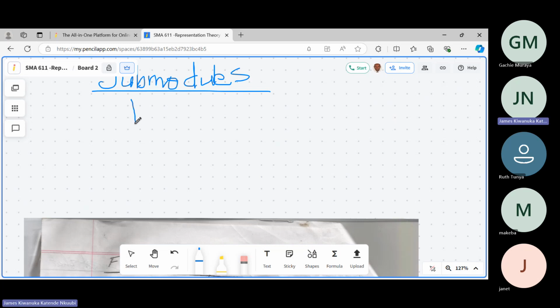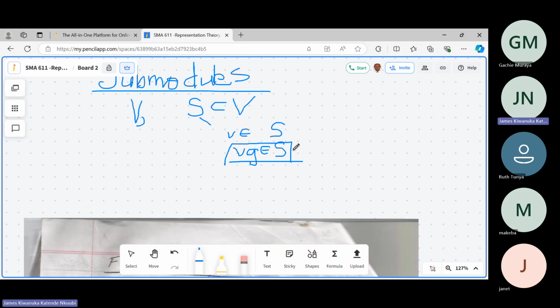If you have an FG module V, you can get a subspace, let's call it S. So S is a subspace of V, and for every vector v in the subspace, vg cannot get outside of S. If this happens, then it becomes a submodule.